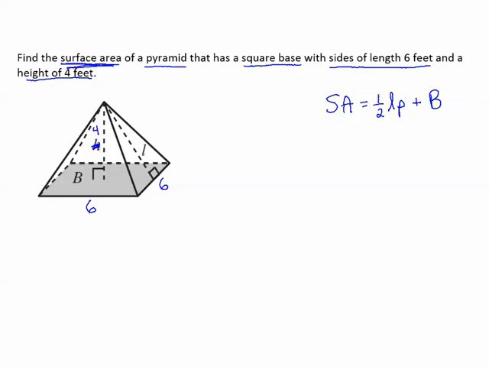So remember that the slant height can be found by looking at this right triangle and using our Pythagorean theorem. The height is 4. The base of the triangle, well, it's not given, but if this all the way across is 6, this triangle starts at the center and goes to the edge, so that's half of 6.